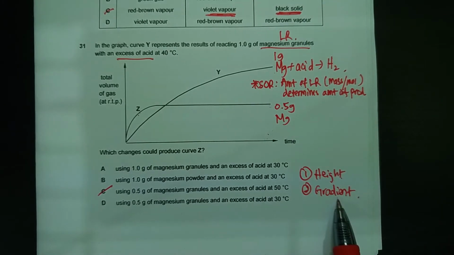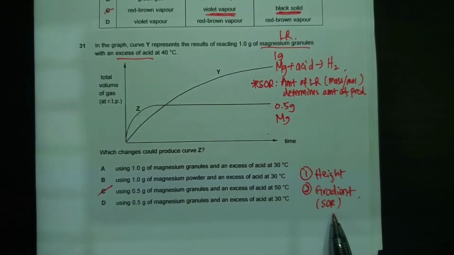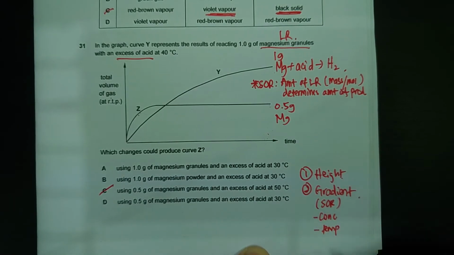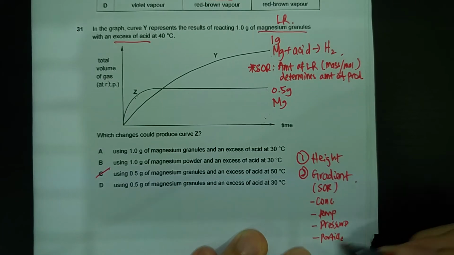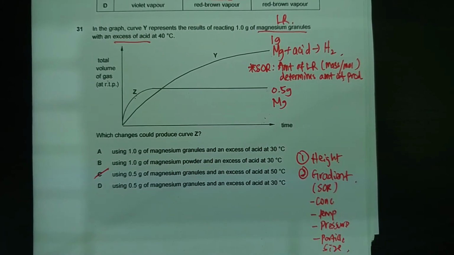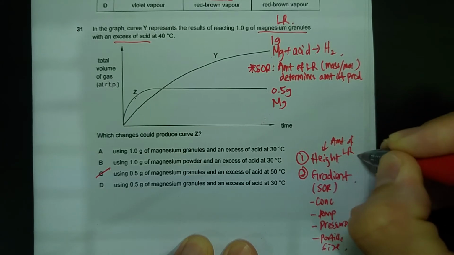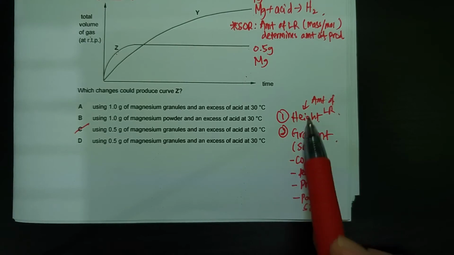The gradient of the graph is basically the speed of reaction, which is determined by factors such as concentration, temperature, pressure, the particle size. So whenever there is a speed of reaction question that involves a graph, you look at these two things.